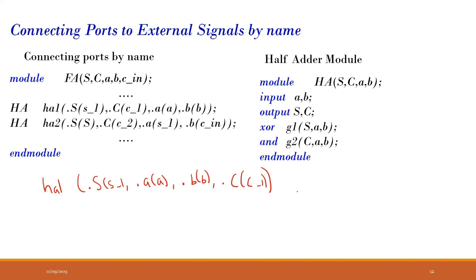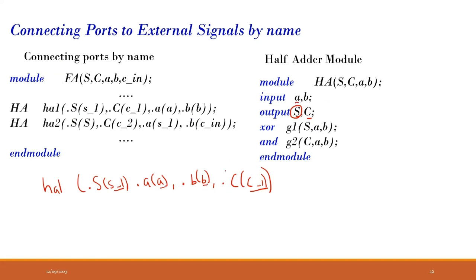It will not generate a wrong result because in this we are specifying through the Verilog compiler that my dot S variable will take S_1. So S which is inside this module will be this S_1. What is my C inside this module will be my C_1. What is my A inside this module will come from here.